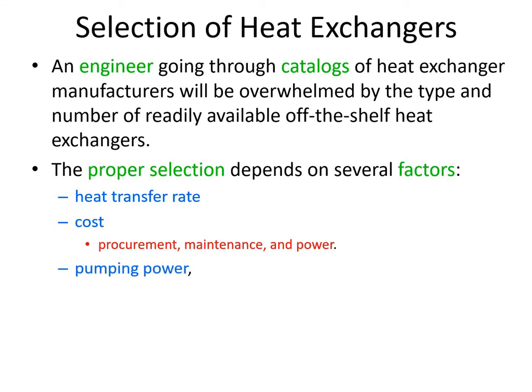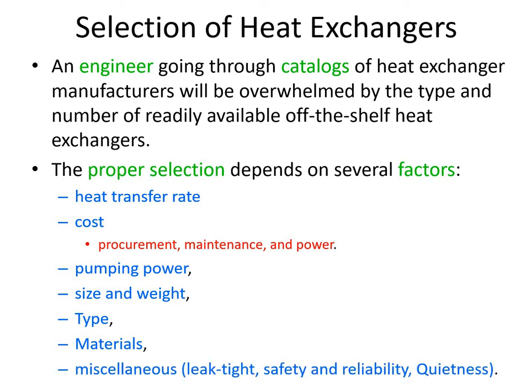Other than that, we depend on the pumping power, size and weight, type, and also material. Then there are miscellaneous factors, for example leak type, safety, reliability, and quietness. Basically, these are the factors that we need to consider in the selection of a heat exchanger.